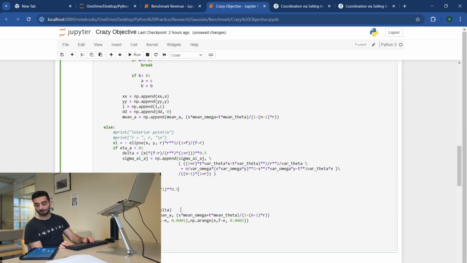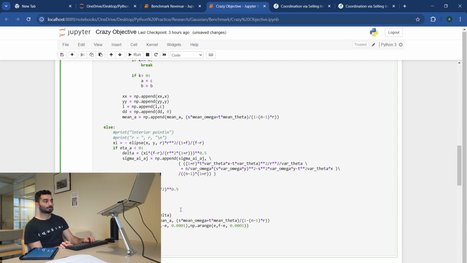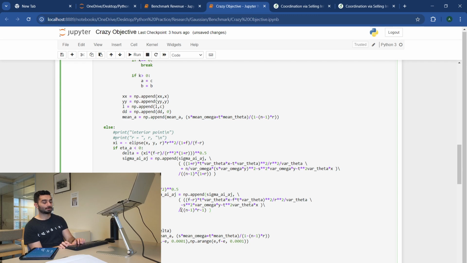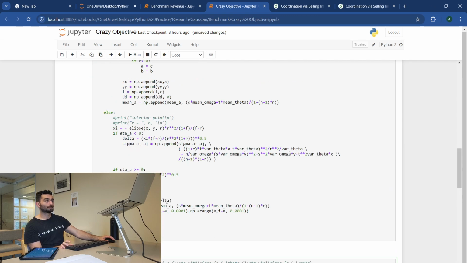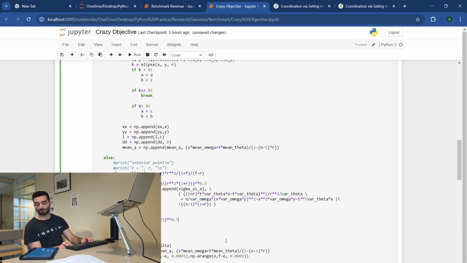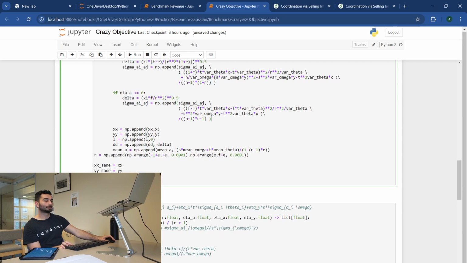Eta is positive. Perfect. And I think we have some indentation.